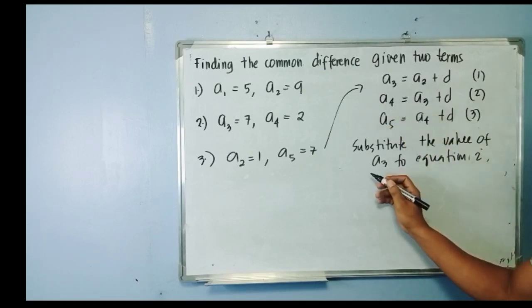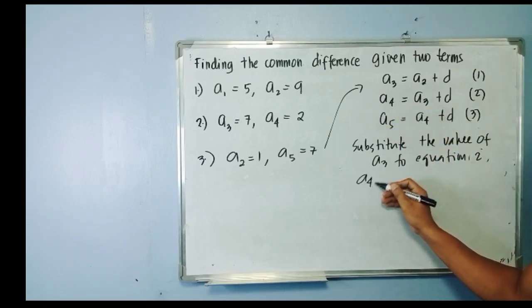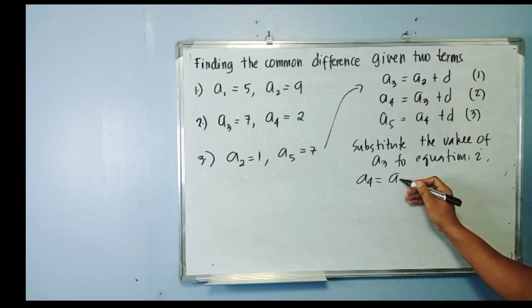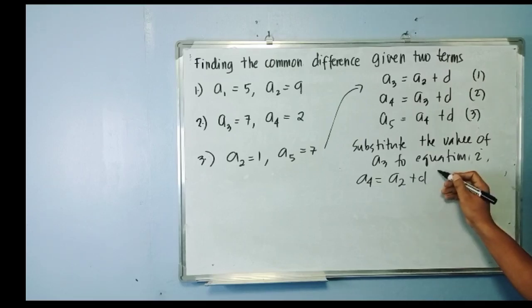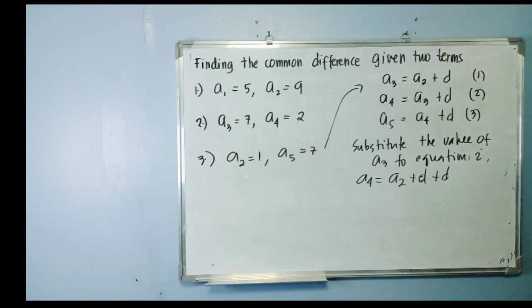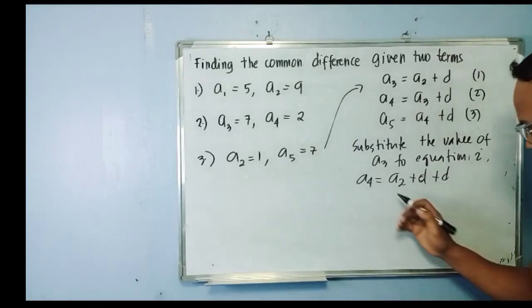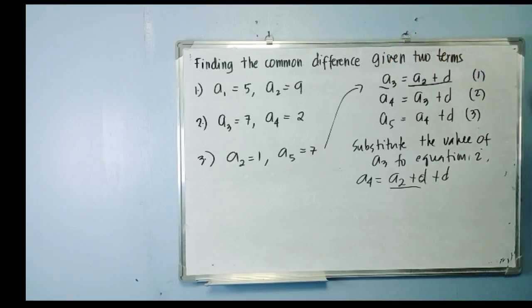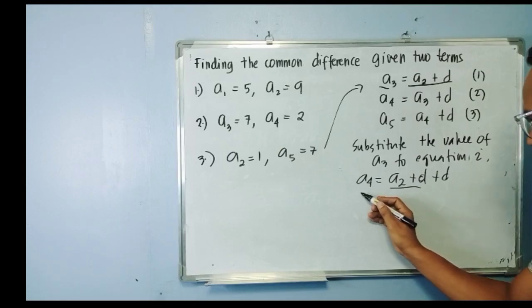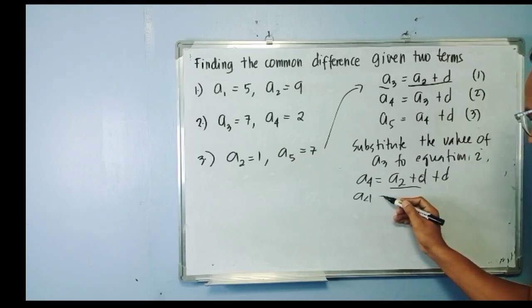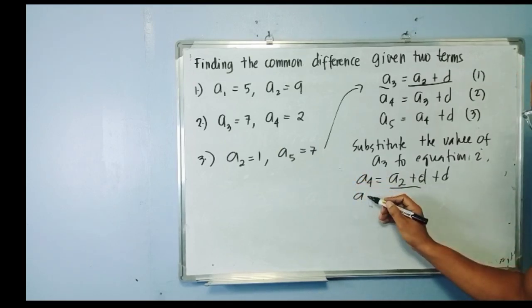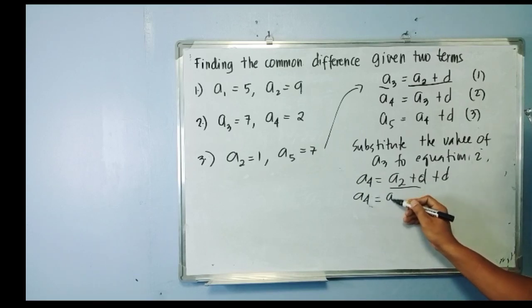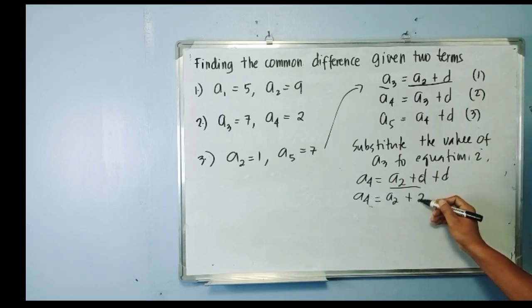So equation 2 will become a sub 4 equals a sub 2 plus d plus d. You observe? This is our a sub 3. Our a sub 3 is equal to a sub 2 plus d. So this will become a sub 4 equals a sub 2 plus 2d.